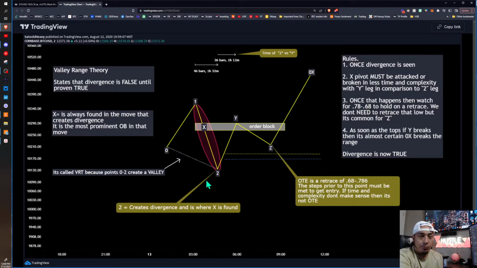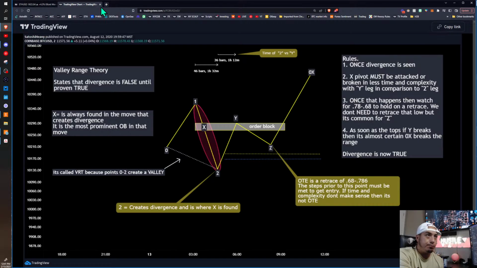And once it gets hit in less time and complexity, or the same time and complexity, all you're looking for is a pullback that holds 0.786 to 0.68. It could hold less, like a 0.382 too, but as long as it holds at least these two, you're most likely going to see this entire thing reverse and this 1 point get totally taken out.